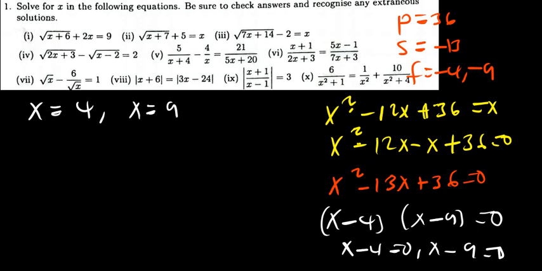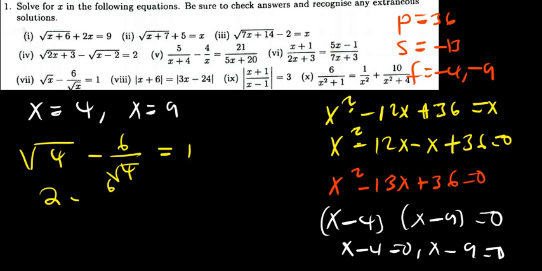Done. Then you are going to see that these answers which I've just found, I need to prove. So when x is equal to 4, 4 minus 6 over the root of 4, let's see. Is it going to give us 1? So this will give me 2 minus 6 over 2.